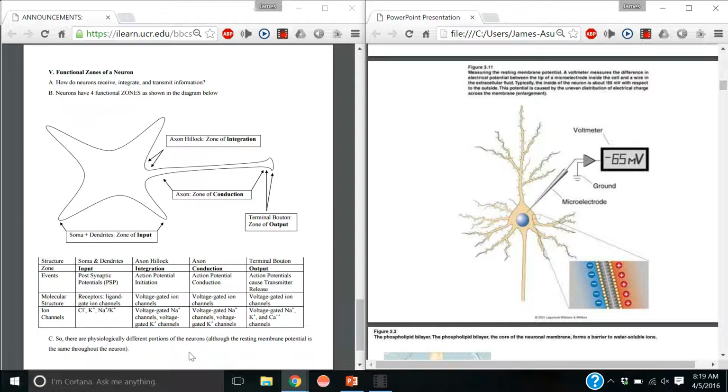Transmitter-gated channels for the synaptic potentials, voltage-gated channels for the action potentials. But this is something that I don't expect you to get right now. Refer back to it, like before the midterm, and it'll make sense then, and it doesn't now.